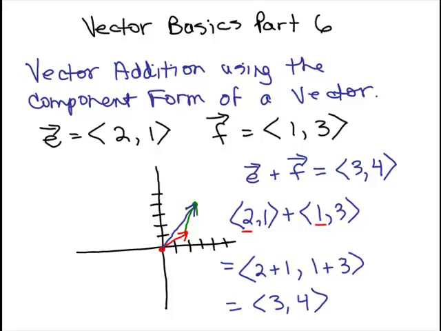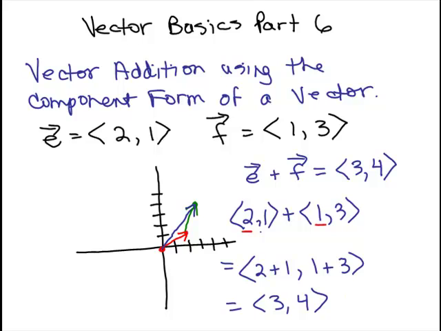And it should make sense because when you begin, you go 2 spaces in the x direction, and then you go 1 more space in the x direction, so you end up with 3 spaces in the x direction. Same thing for the y. You start off going up 1 in the y direction, you eventually go up 3 more spaces for the other vector, so you do end up going 1 plus 3, or 4 spaces up.